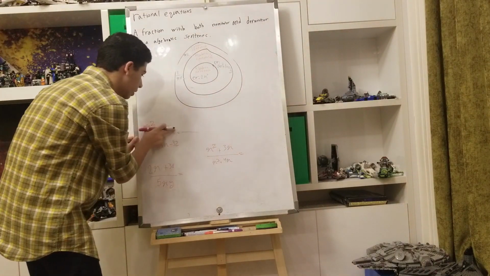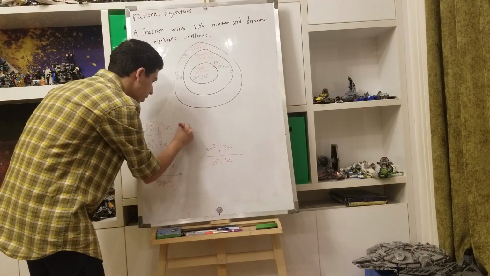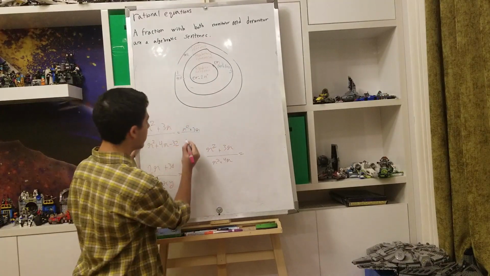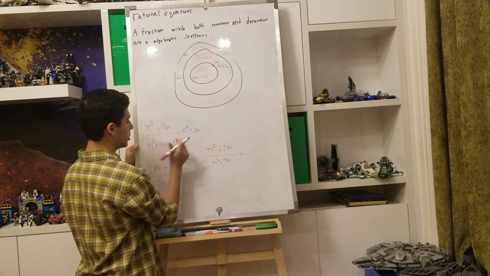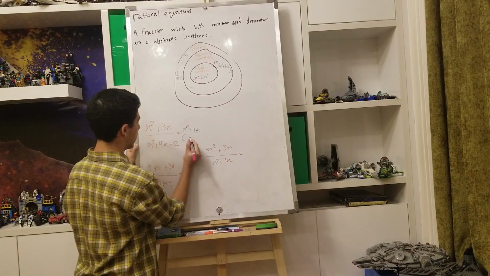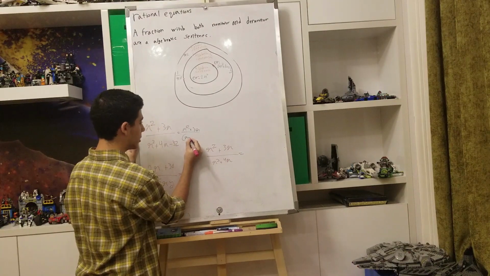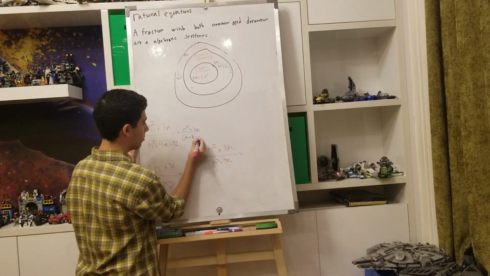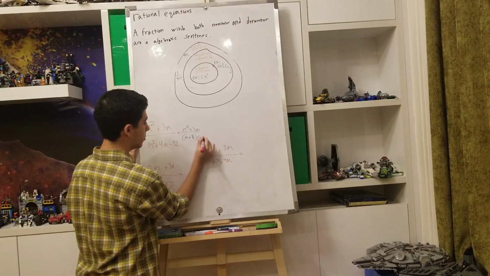I'm not going to touch this, so I'm going to write the same thing plus 3x. Now this is a variable. X plus 8, and x minus 4.